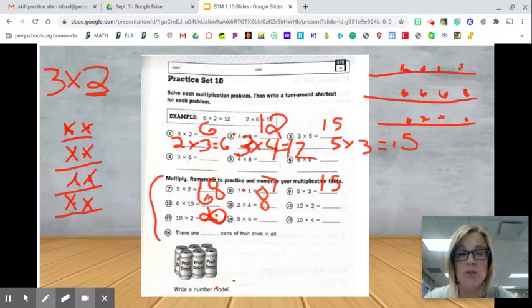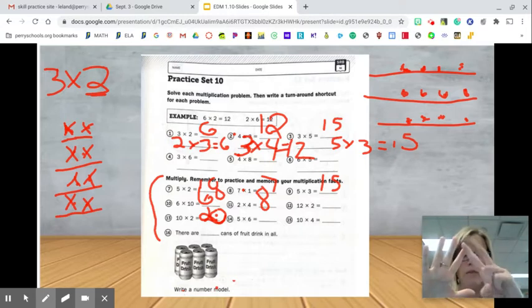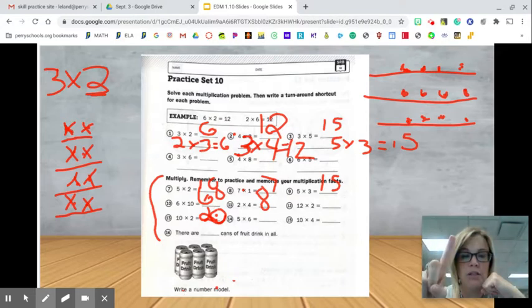12 times 2, I can't count by 12s, but I can count by 2s. 2, 4, 6, 8, 10, 12, 14, 16, 18, 20, 22, 24.